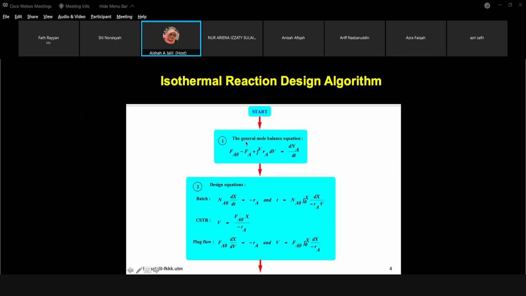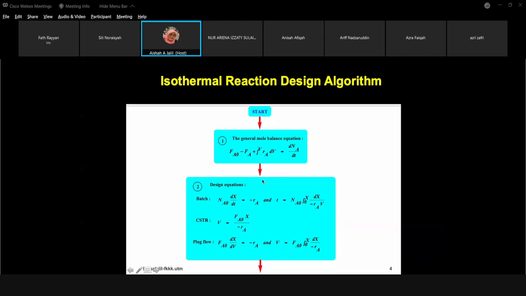This is the detailed isothermal reactor design algorithm. Start here. This is the GMBE, general mole balance equation. I think you still remember the F A naught minus F A, plus generation, the integral of r A dV, equals accumulation dN A over dt, the GMBE.